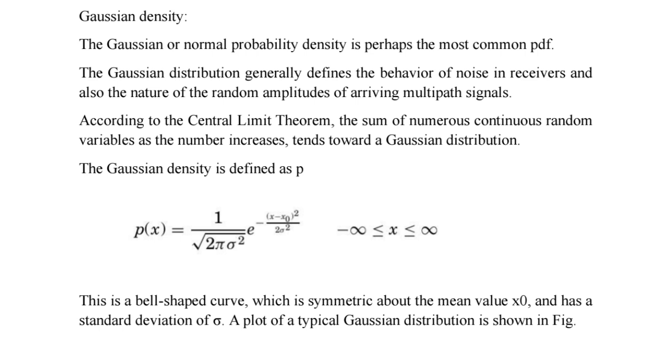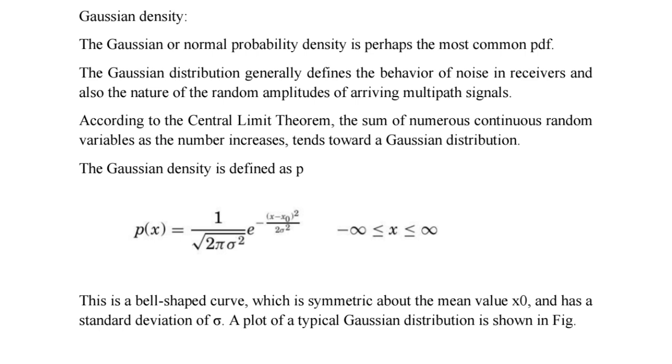According to the central limit theorem, the sum of numerous continuous random variables, as the number increases, tends towards a Gaussian distribution. So this Gaussian distribution defines the behavior of noise in the receiver and also the random amplitude of the arriving multipath signal.